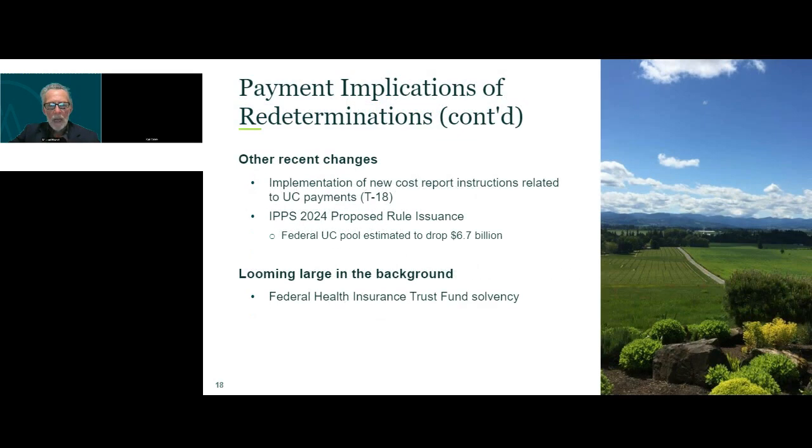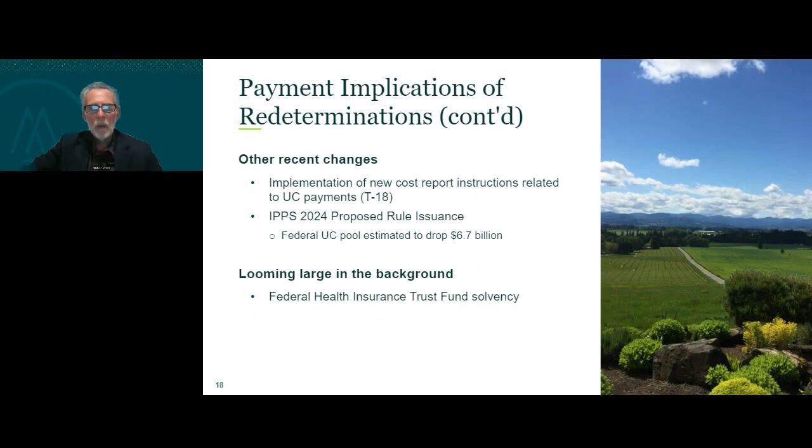And so now let's pivot to a couple of other quick items, and then we're going to move on to talking more robustly about some of the things that hospitals can do. Recently, CMS changed the reporting requirements associated with Medicaid eligible days for the DISH calculation, and charity care and non-Medicare bad debts for the uncompensated care calculation, and the claiming of Medicare bad debts, which for most of you, is a significant payment stream for unpaid deductibles and co-insurance from Medicare patients.